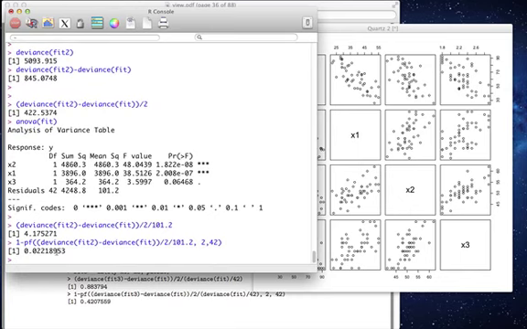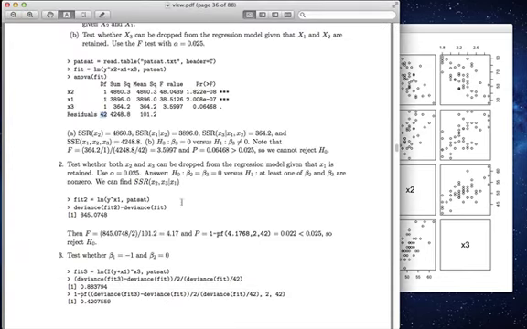My p-value is 0.022. Now the book had asked you to use a type 1 error rate of 0.025. This is less than that, so we can reject H0 and conclude that both of these are not simultaneously equal to 0. So I'm going to need at least one of these two predictors in the model.